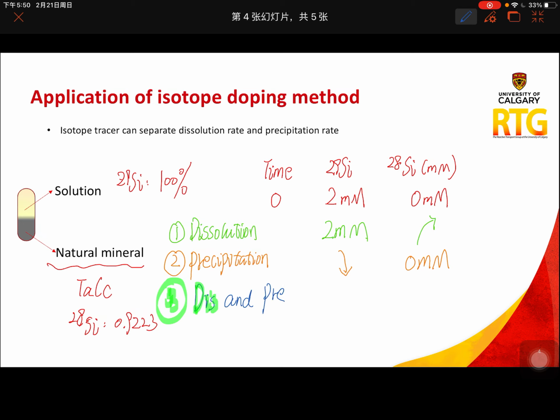We can imagine that after some time the 28 in the solution should increase and the 29 should decrease, right? So from these three conditions we can see that the isotope tracer can separate the dissolution rate and the precipitation rate at the same time. So that's the use of the isotope doping method from my perspective.